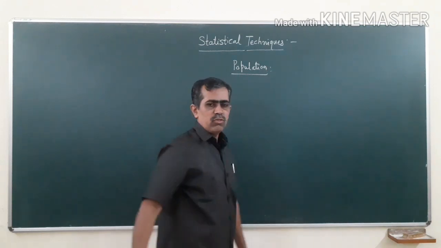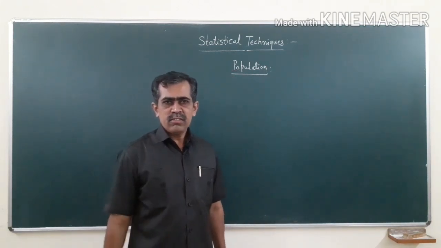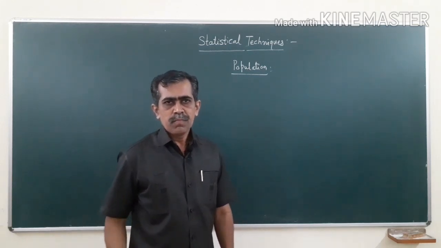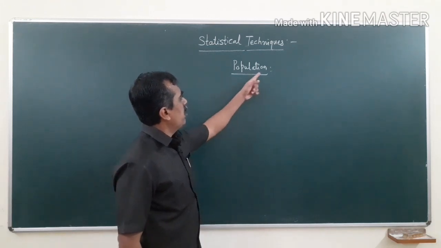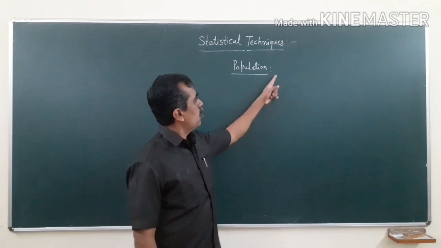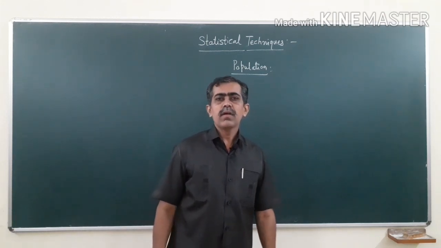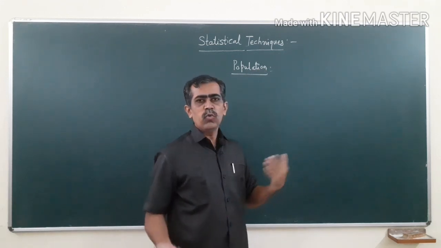I will introduce you to some basic terminologies that are essential in statistics. You should know all these things. So population is the collection of all objects under consideration. It is also called population or universe.